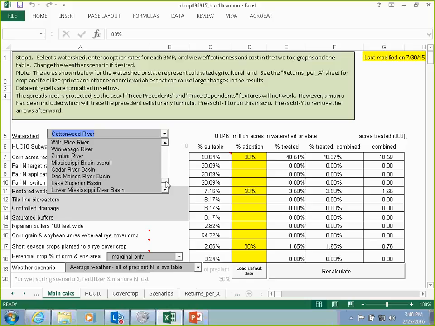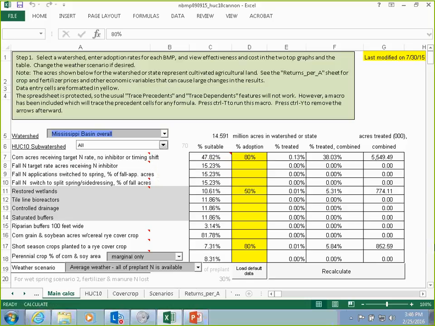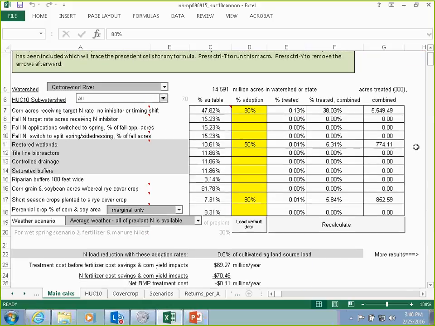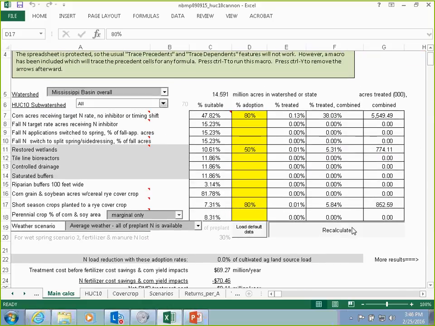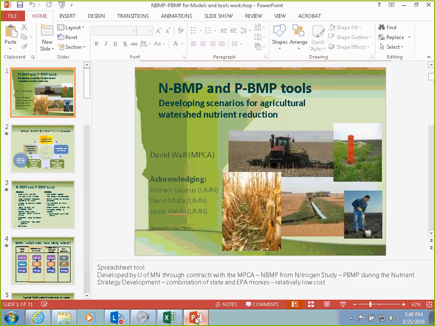So you can look at the Mississippi Basin overall, every watershed that would contribute to the Mississippi, and run different scenarios for that and hit the recalculate button. Pretty similar to the Cottonwood, 16.2% reduction. So that's just my two-minute, maybe three-minute overview. We're going to switch to the slides now.